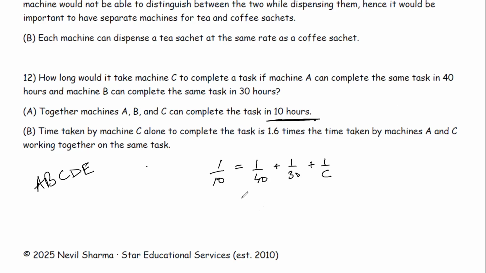So 1 by C is 1 by 10 minus 1 by 40 minus 1 by 30.